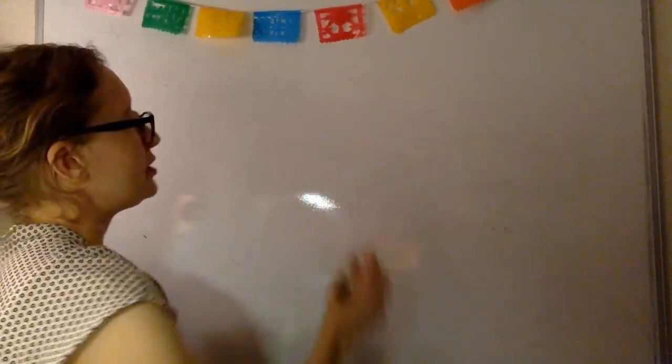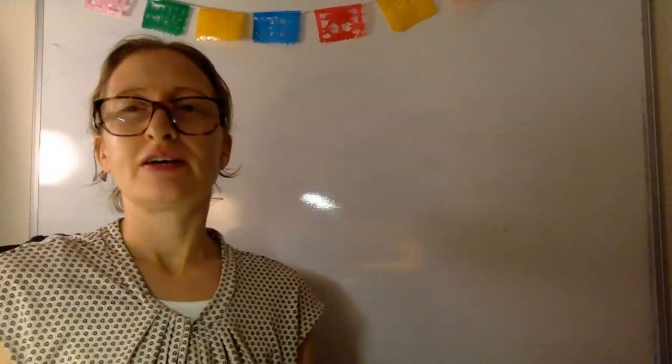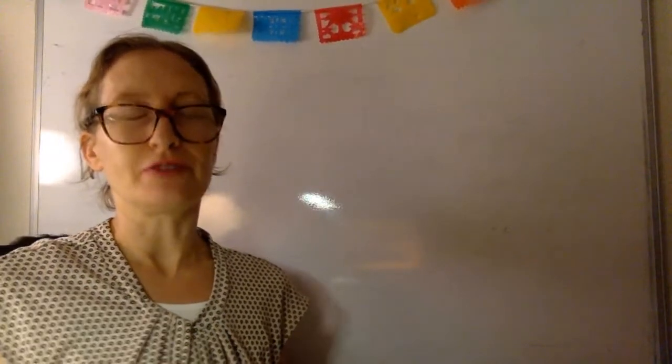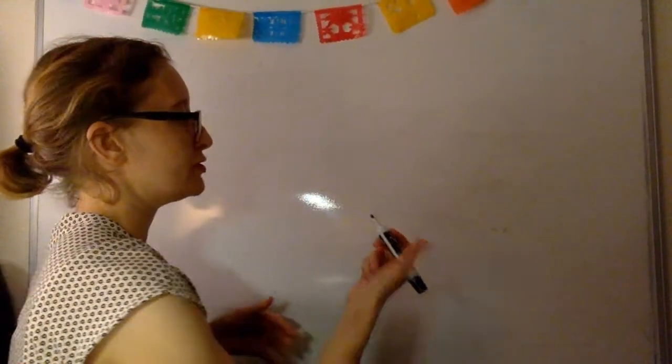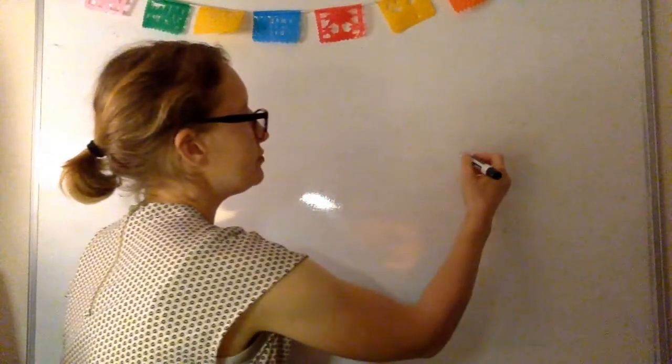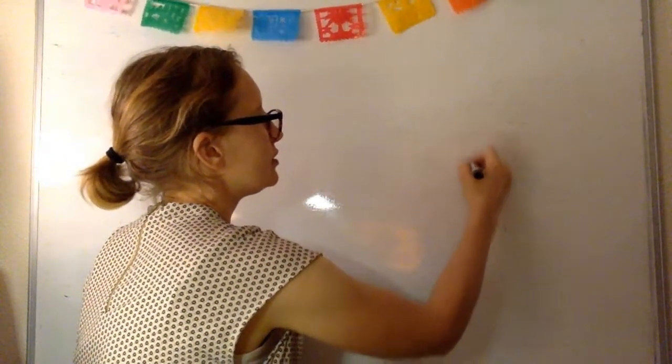So a lot of the verbs used to express daily routine are reflexive verbs. They take a reflexive pronoun. So first of all, let's take a look at our reflexive pronouns. What are they?